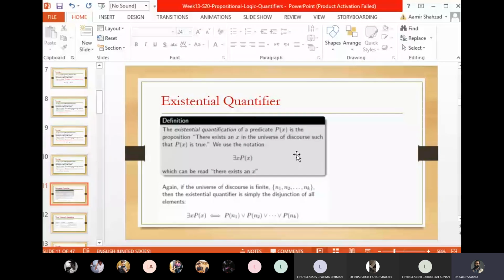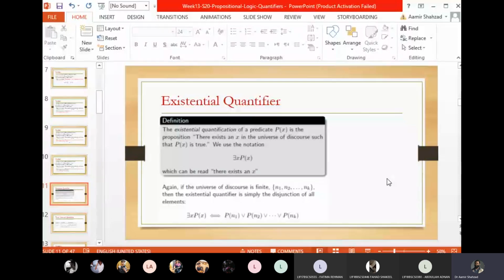कुछ एग्जिस्ट करना चाहिए. So if we have universe of discourse, like we have a number of elements n1, n2, n3 up to nk, existential quantifier means there exists, it should be true for at least one of these values. So ये हमारा OR ऑपरेटर है.